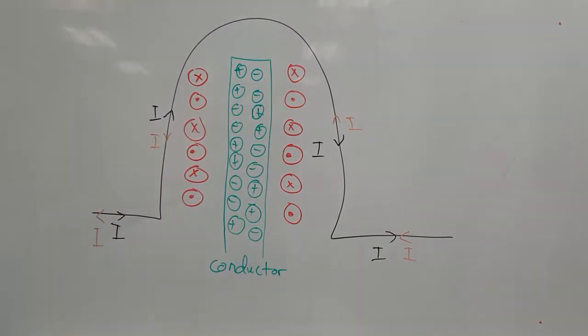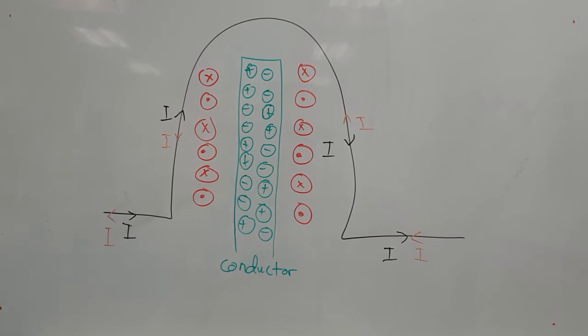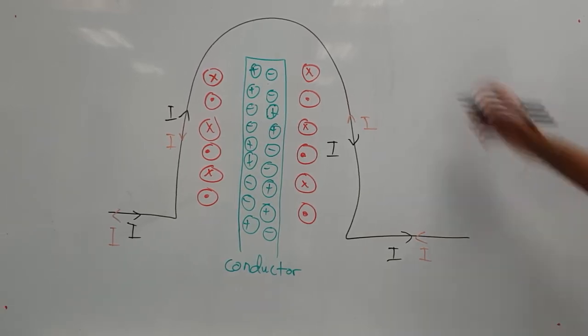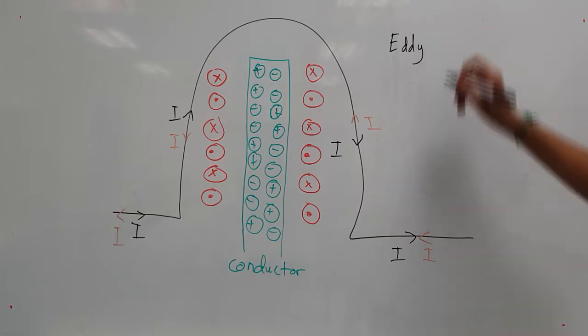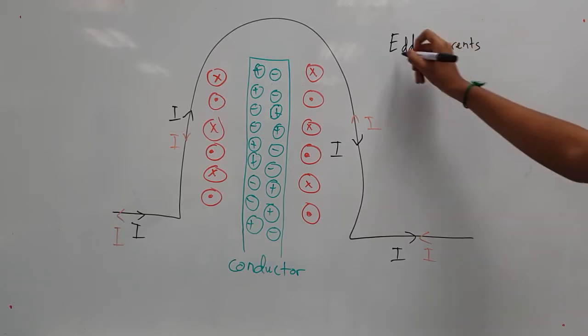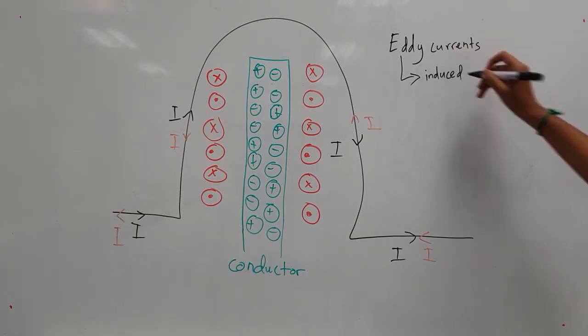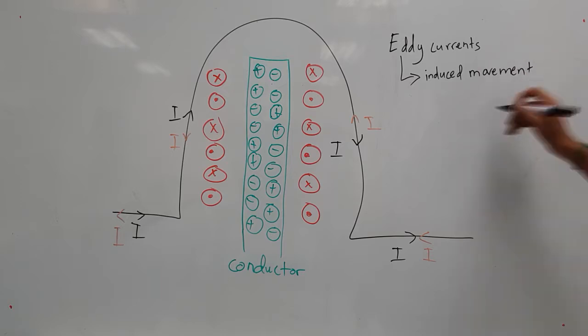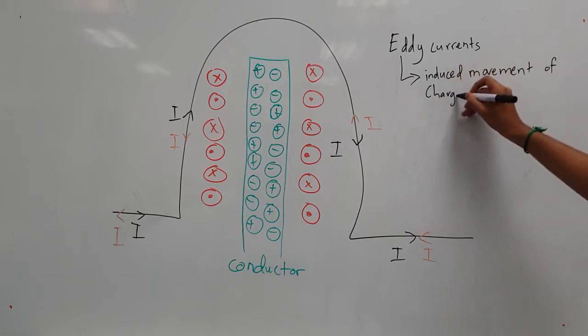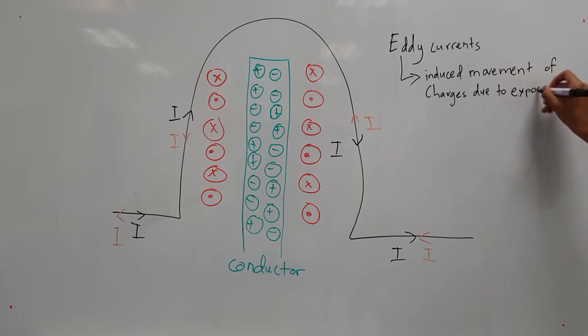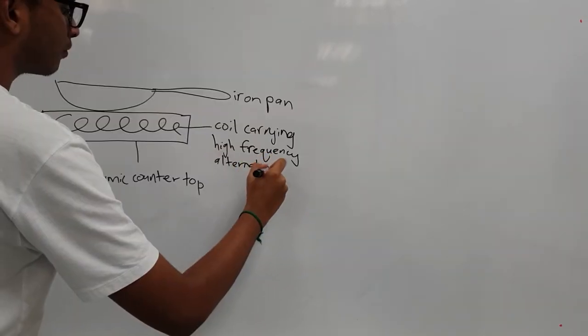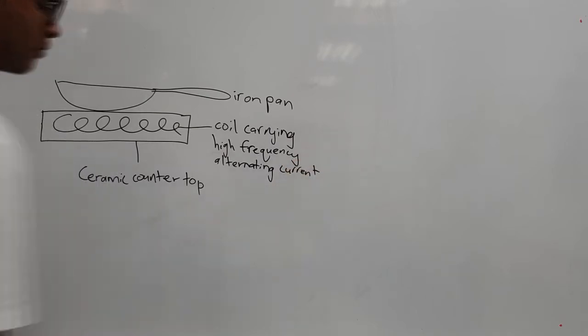When they are exposed to varying magnetic fields, a current is induced as an EMF is induced. This causes charges to vibrate and dissipate their electric energy in the form of heat energy. When a current is induced in a conductor due to the presence of a varying magnetic field, the current is known as an eddy current.